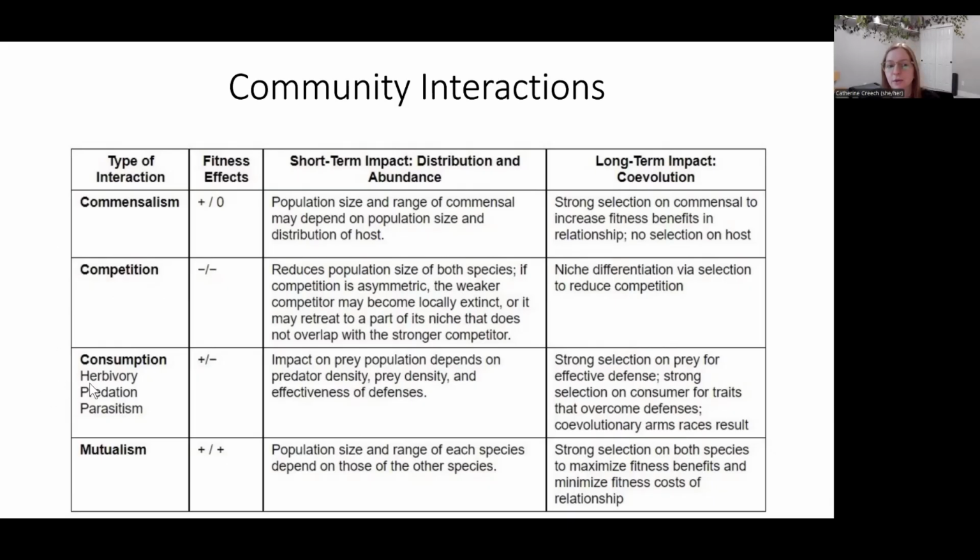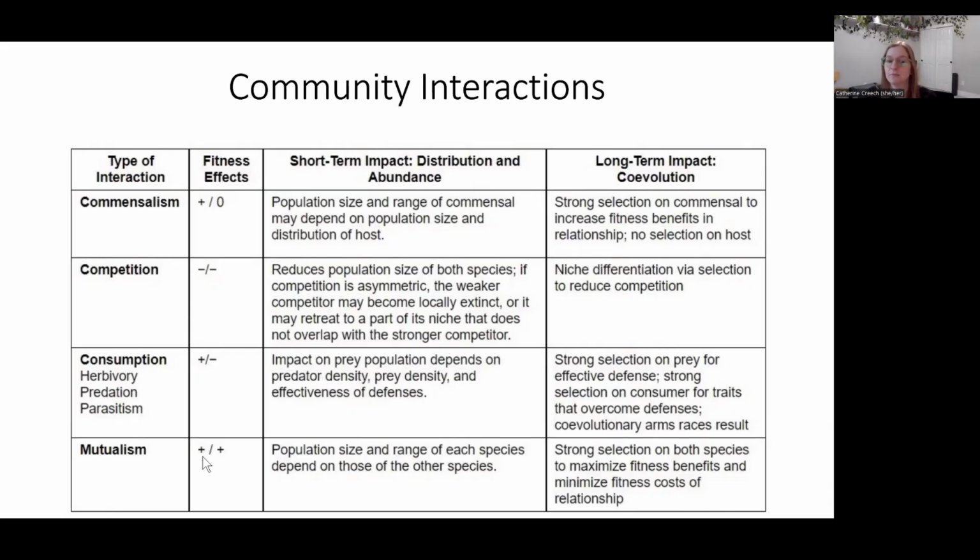Consumption includes eating plants, which is herbivory; predation, which is those wolves eating like a ground squirrel; and parasitism, which would be something like a tapeworm eating a host or a mosquito sucking your blood. In all 3 of these, one is benefiting, whoever is doing the eating, and whoever is being eaten is hurt. It's detrimental to them. So we have one benefiting, one harmed in the process.